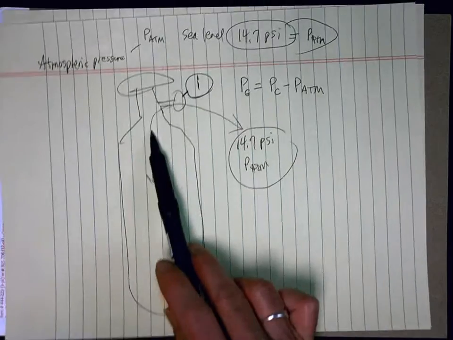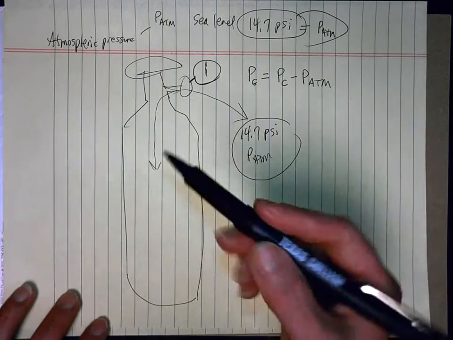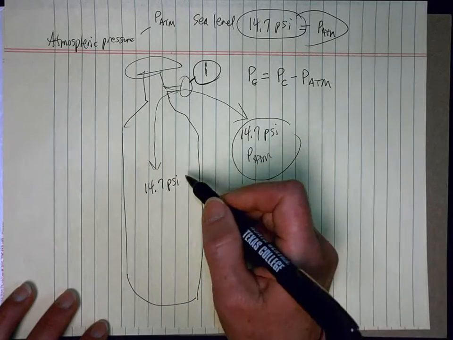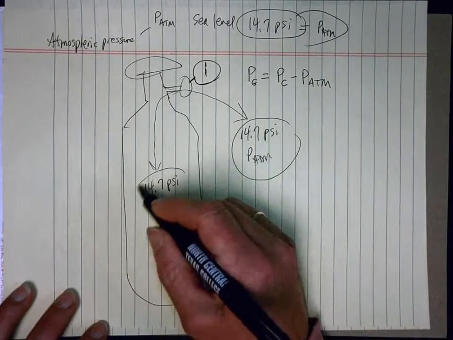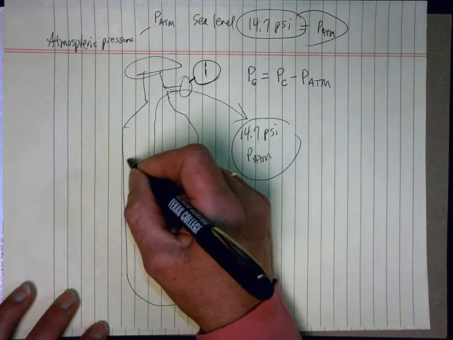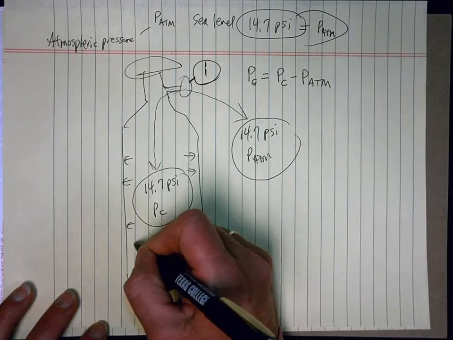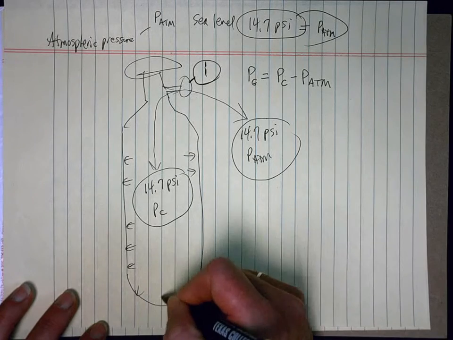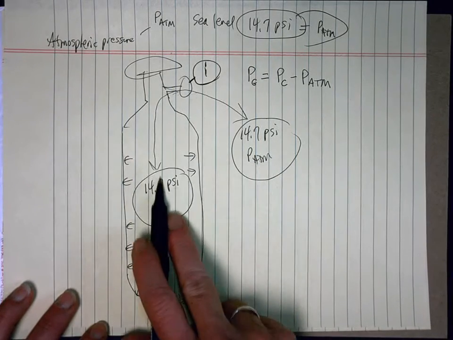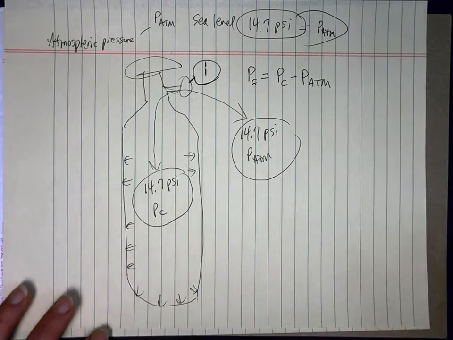It's going to be equal, because it can go wherever it wants to, so it's going to equalize. So on the inside, you're going to have 14.7 psi, which is the pressure being exerted by the collisions of the air on the walls inside the tank. If your valve is open, you're going to have equal pressure.